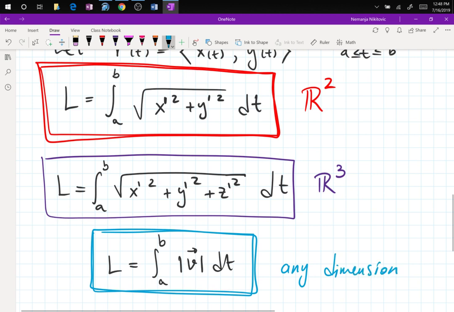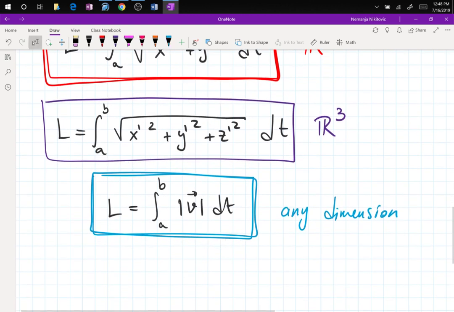So you want to calculate the length of the path in a 6-dimensional vector, fine. You're just going to have x, y, z, and then another 3 variables there. The book is not using v. The book is using magnitude of r prime.